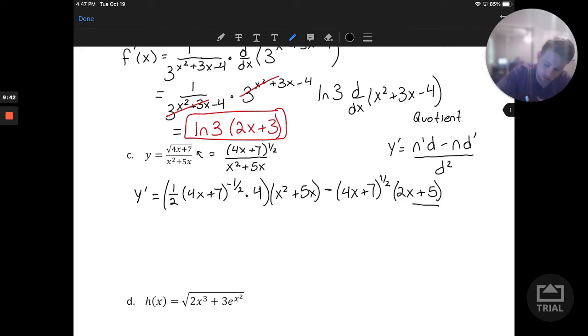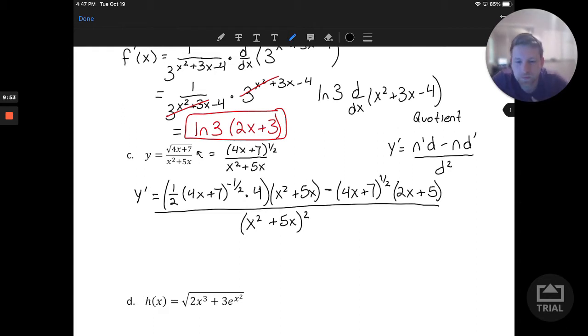And then all of that is to be divided by x squared plus 5x, quantity squared. So there's certainly a little bit of simplification you could do here, but this is the derivative, and that would be complete just like that if you would like. So that would have really a quotient rule, and then we have a chain rule application in the numerator function.